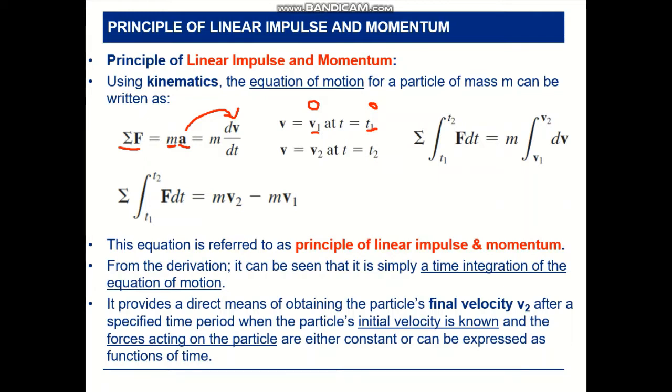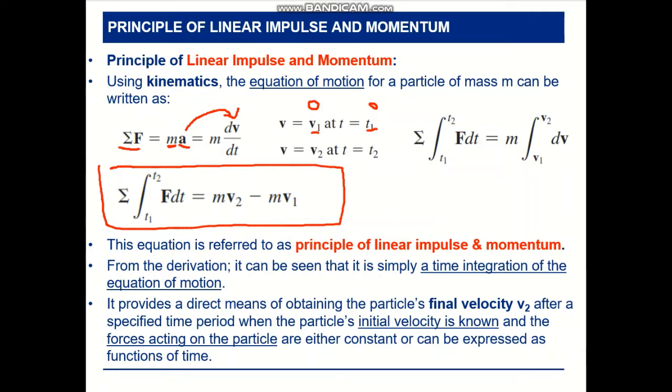If you take this dt to the left side, it is going to be total force multiplied by dt equal to m dv. We take the integral on both sides, because we know that at t1 the velocity is v1 and at t2 it is v2, so we can take those as the boundaries of this integral.